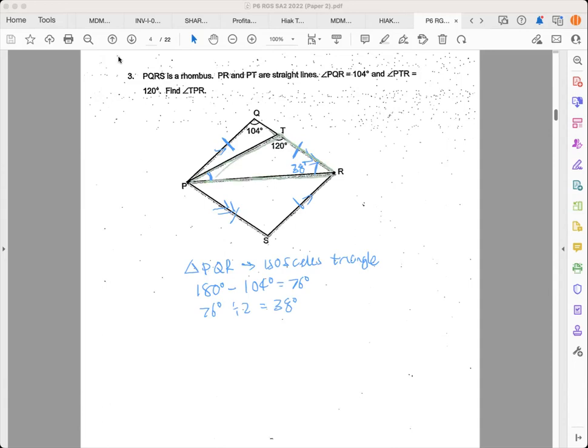Angles inside a triangle add up to 180. So 180 take away 120 take away 38. I'll have the required angle TPR, and that will be 22 degrees. Let's continue with question number 4.